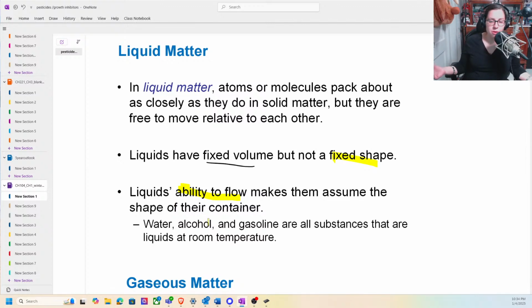This could be rubbing alcohol, isopropanol, or ethanol or methanol, and gasoline. This is essentially a hydrocarbon, so octane or different octane and hydrocarbon mixtures. But again, you can think of gasoline, any other liquids, Gatorade. You've seen liquids.